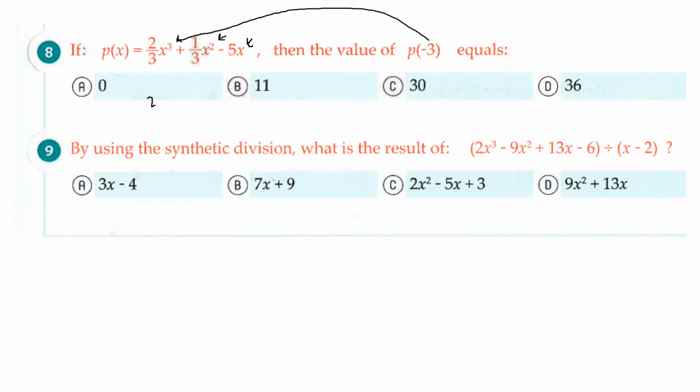So 2 over 3 times -27. Let's see what will happen. Of course, you can cancel the 27 with the 3 and we will proceed. Plus 1 over 3 times 9, right? Because that's 3 squared. 1 over 3 times 9. And the last answer is positive 15.